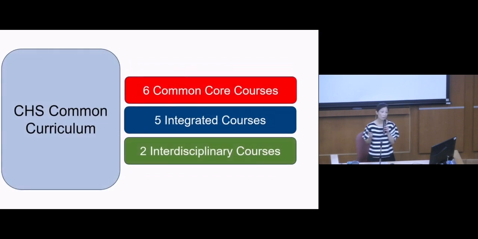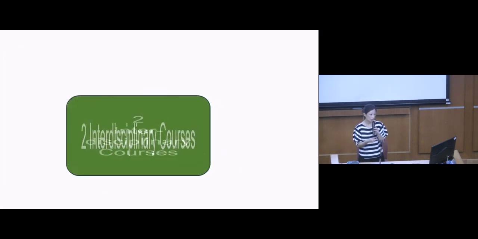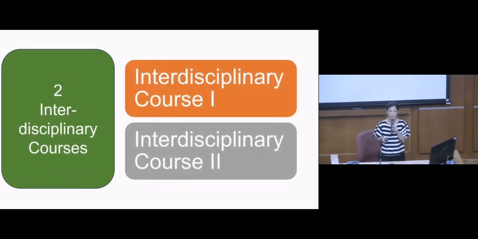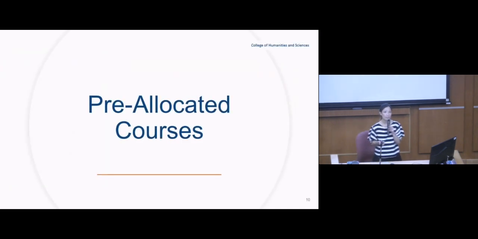The majority of which you'll be completing in years 1 and 2. And then, as you heard earlier, in years 3 and 4, you choose 2 interdisciplinary courses from a range of over 30 courses.